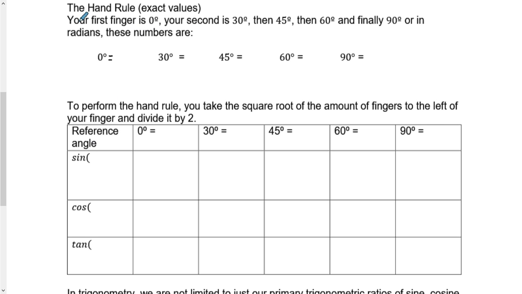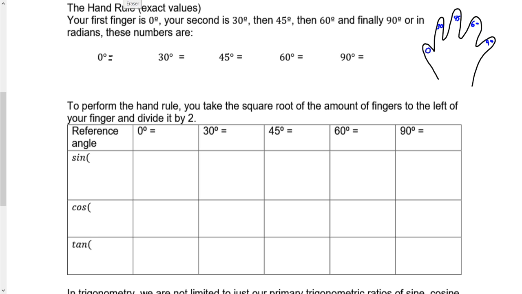So we'll talk about this hand rule in just a second. But if you make a hand, your first digit is 0, the next one's 30, then 45, then 60, then 90.